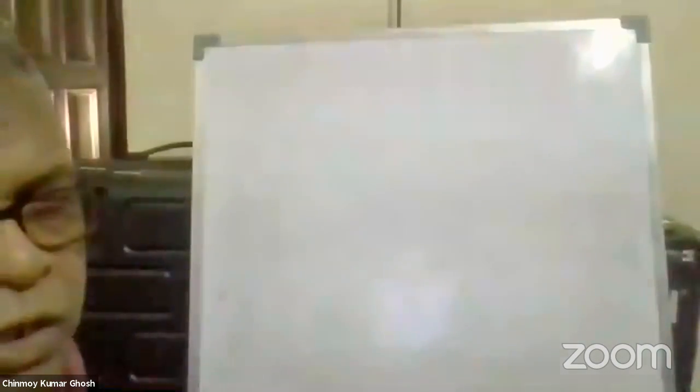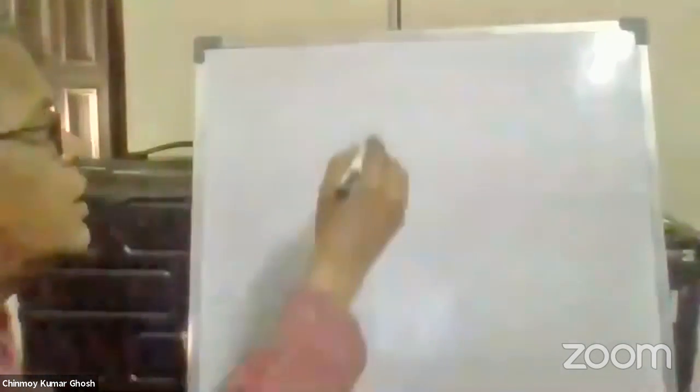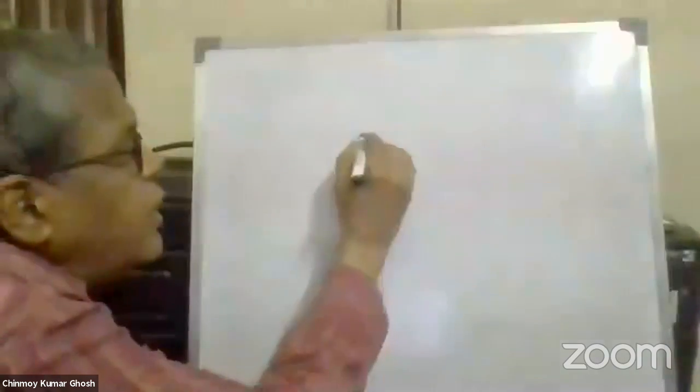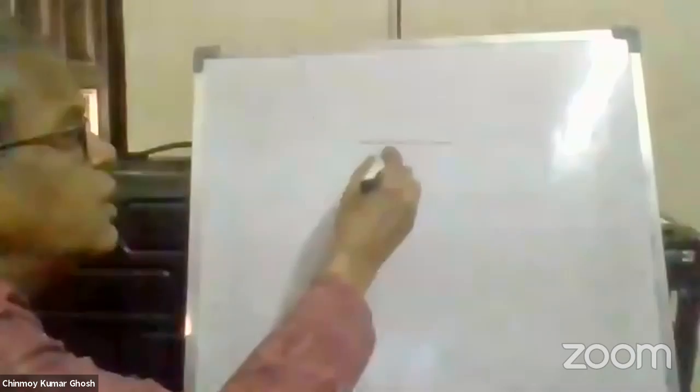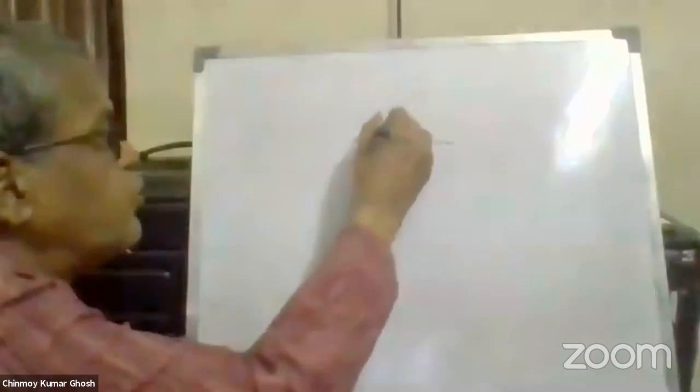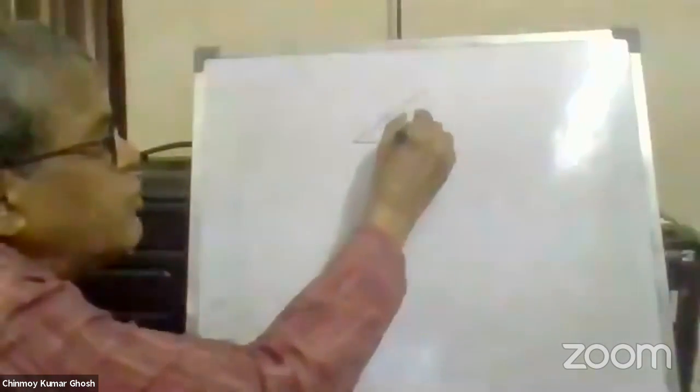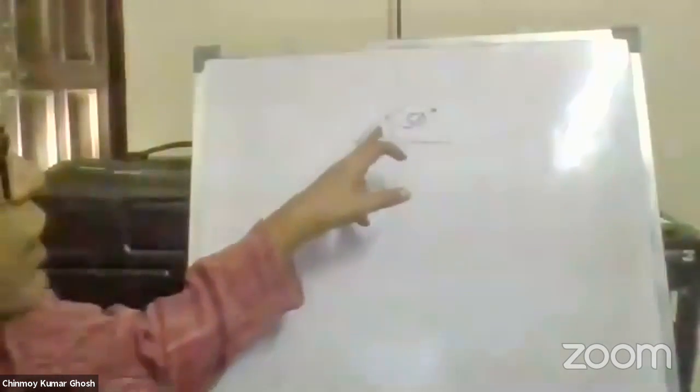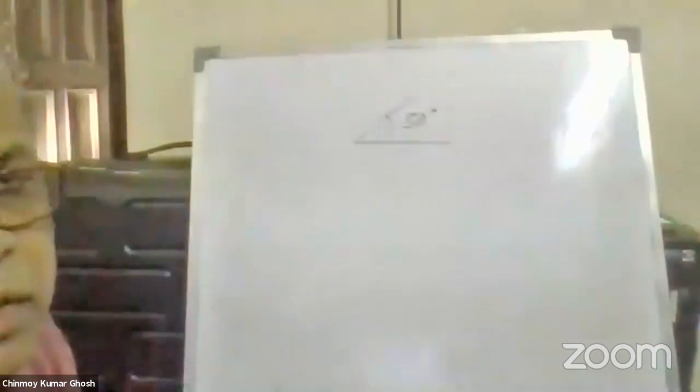Suppose we want to make an assessment of the electrical consumption due to the rotation of a fan. Of the three blades of a fan, let this be one of the blades. It started rotating, and after several thousand rotations, it has come to this position, and the angle measures 50 degrees. If you want to make an assessment of the electric consumption just by this angle, then havoc will be created.